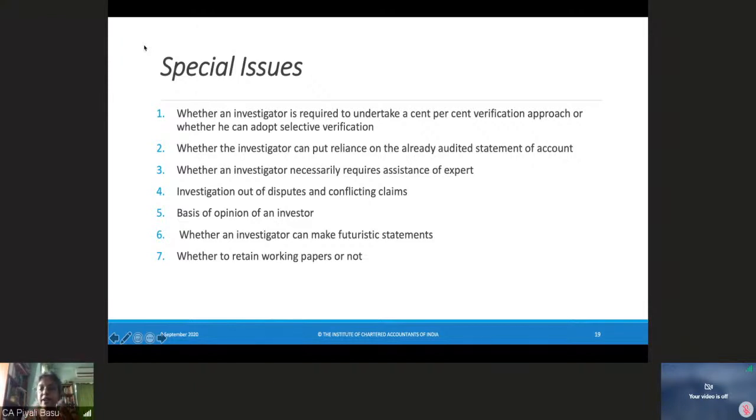Please remember, if you are answering a theoretical question, you must include the statement that it depends on the situation. Don't just write that yes, it needs an expert opinion other than the investigator, or that no, it doesn't require, we can do it. It's not like that. So always start with this: it depends on the situation.